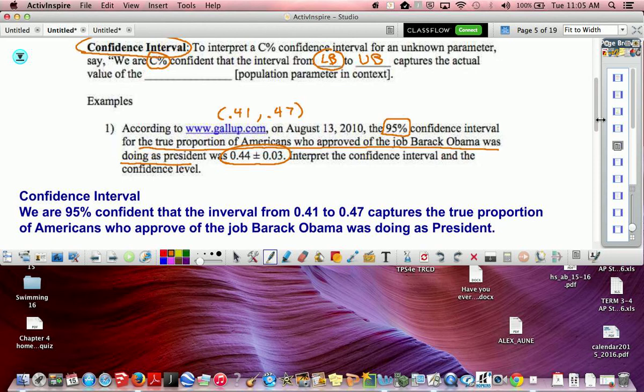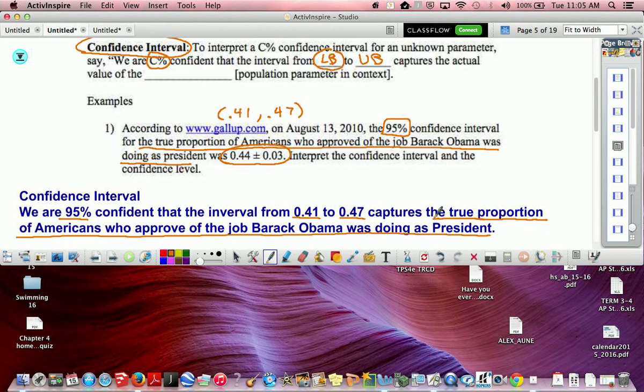Again, we are 95% confident that the interval from lower bound to upper bound captures the true, and then I write the parameter that I'm finding in the context of the problem. The true proportion of Americans who approved of the job Barack Obama was doing as president.